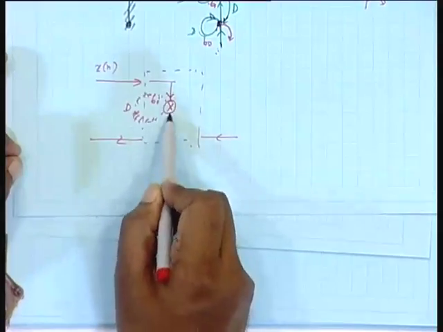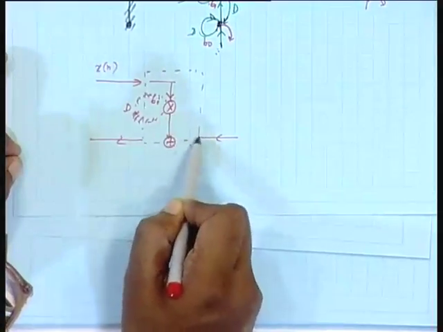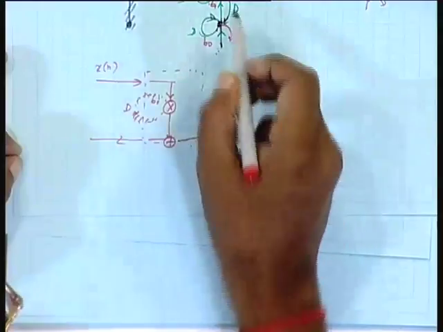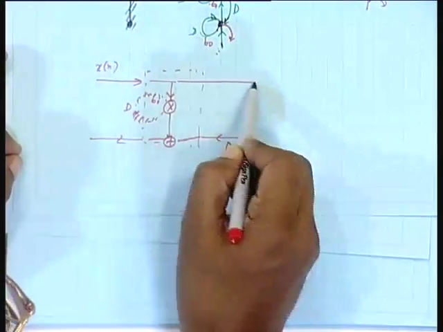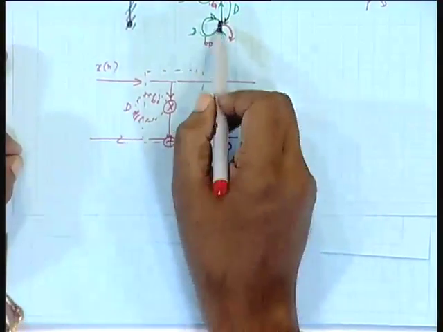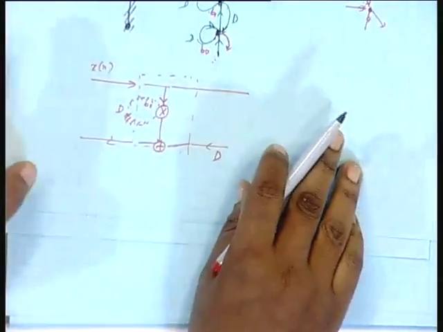And this result will get added to whatever was coming. Whatever is coming, this path has a delay, but this one will go to the next, no delay in this path. Okay.